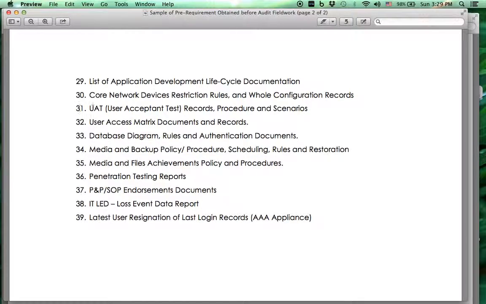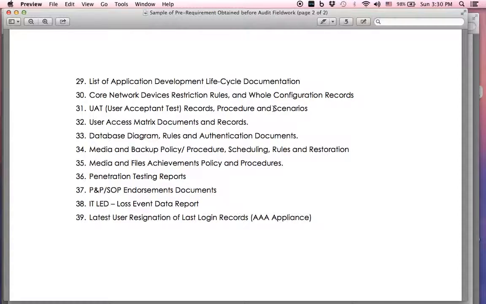Number 31 relates to the user acceptance test, UAT record, procedure, and scenario. For the scenario, you need to emphasize whether it is defined by IT or defined by a business unit. Sometimes if we do not go deep into the scenario defined by IT or business unit, you cannot analyze what the scenario is.